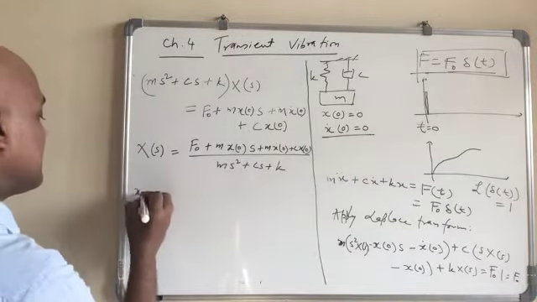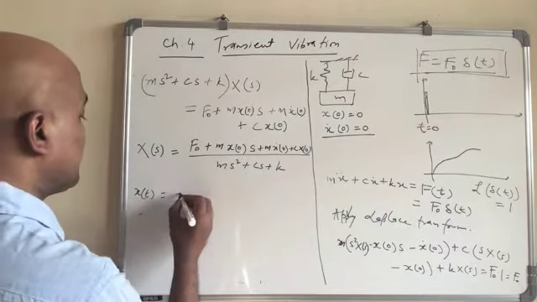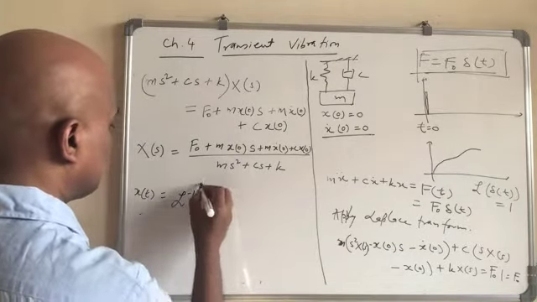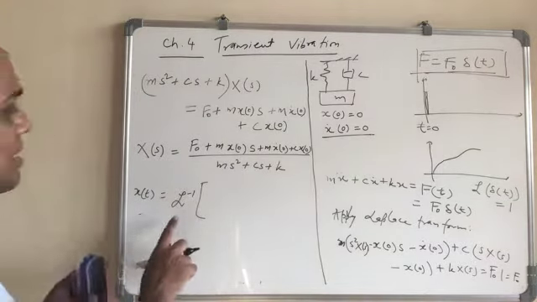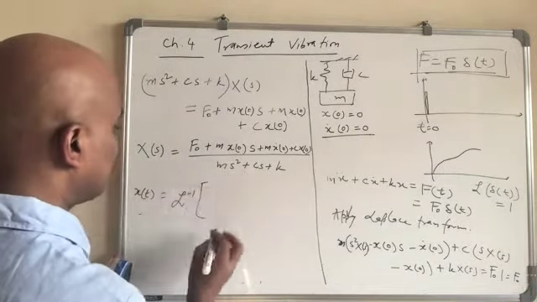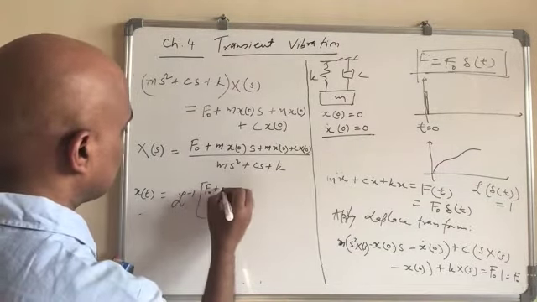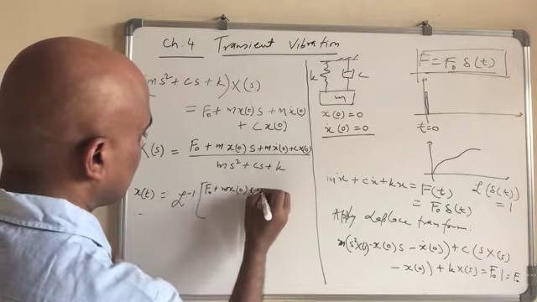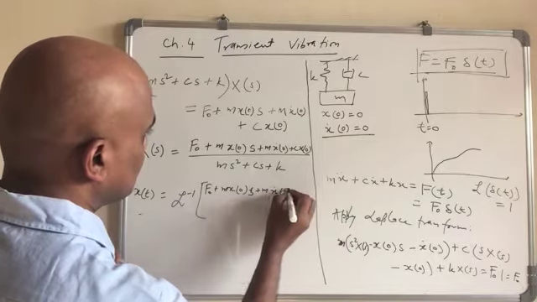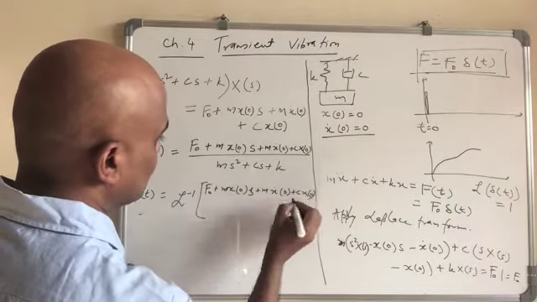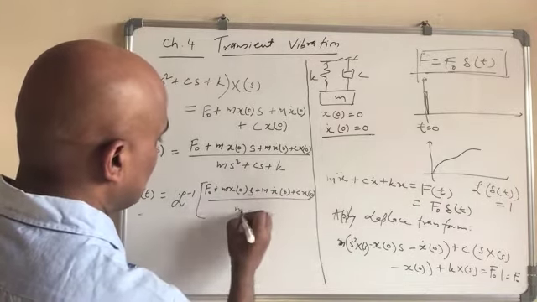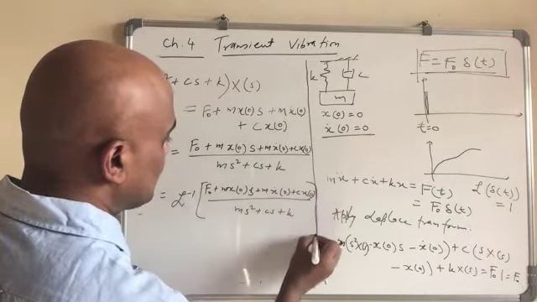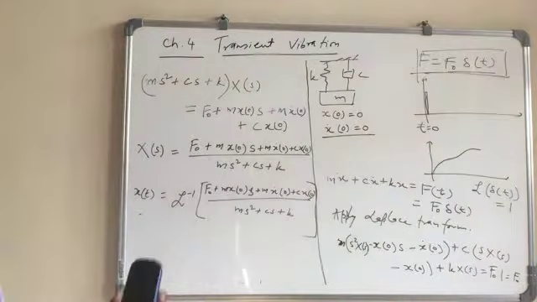So x(t) will simply be the inverse Laplace of this function, right? F0 plus m x(0) s plus m x dot(0) plus c x(0), divided by m s squared plus c s plus k. So in general, we found the solution this way.